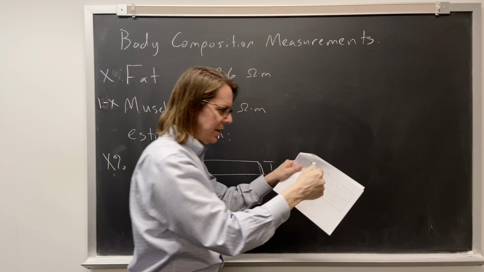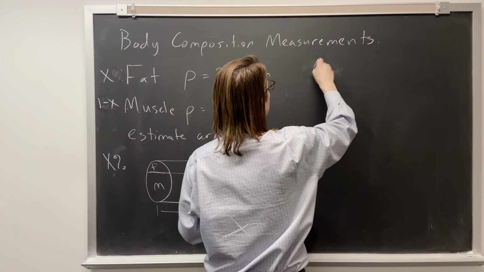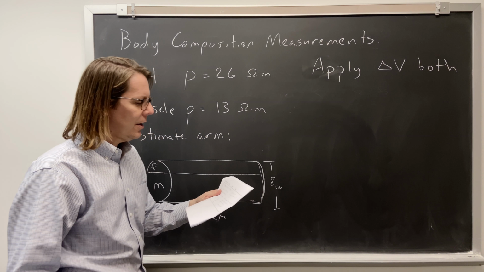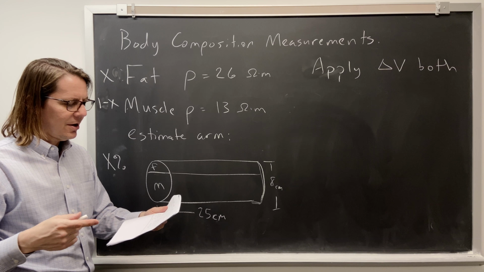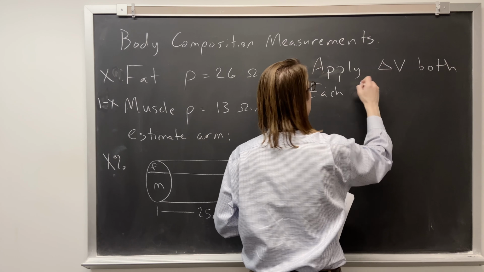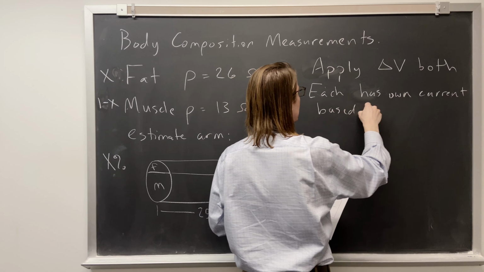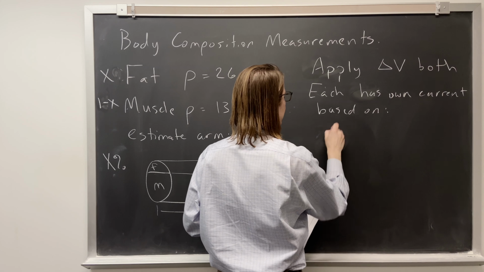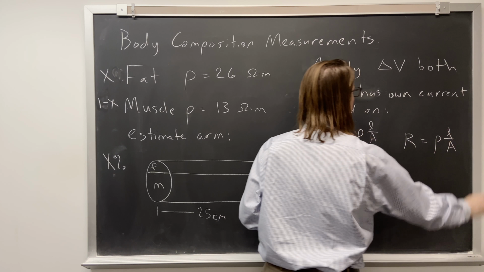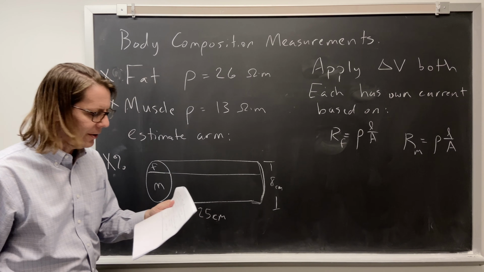The instrument that you're holding is applying delta V to both your arm fat and your muscle at the same time, and each has its own current, based on R equals rho L over A. So this could be the fat part of your arm, and this could be the muscle part of your arm, like that.